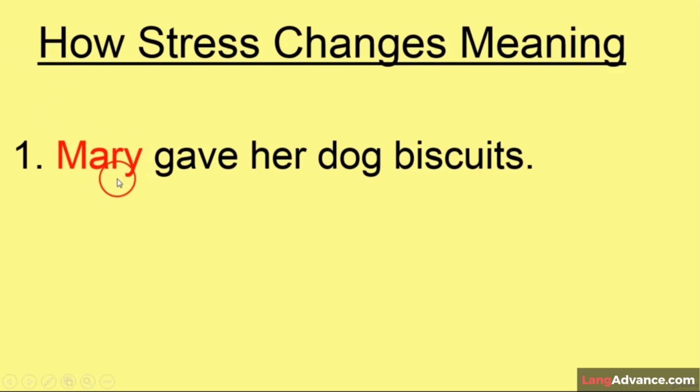When I say the name Mary, I say it louder and longer, and my voice is higher. And I stress Mary because I want to emphasize who is giving her dog biscuits. It's not Jane, it's not Mike, it's not Tim, it's Mary. Mary gave her dog biscuits. The next sentence is the same.